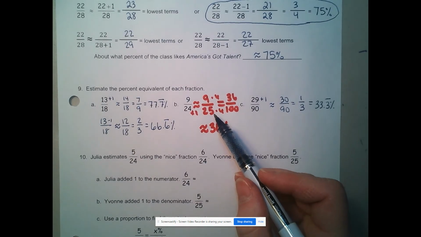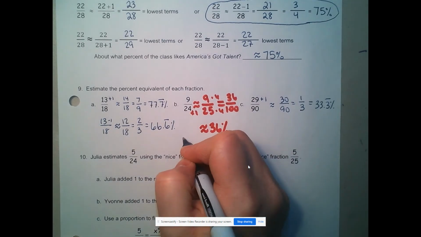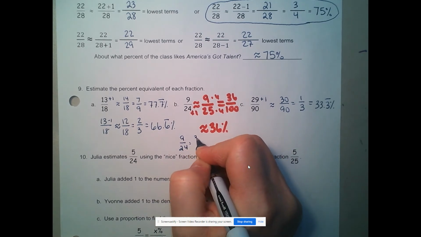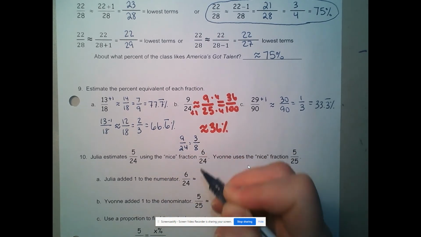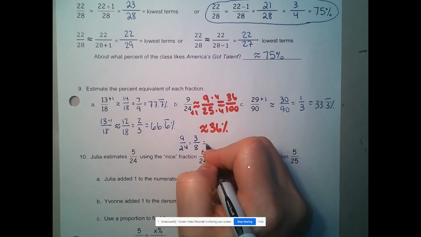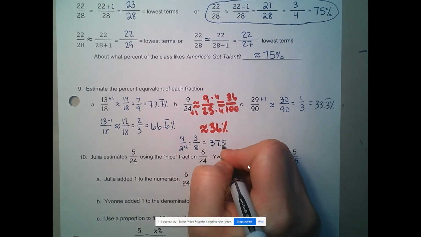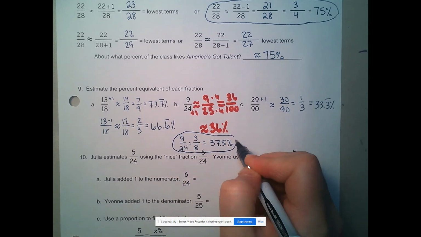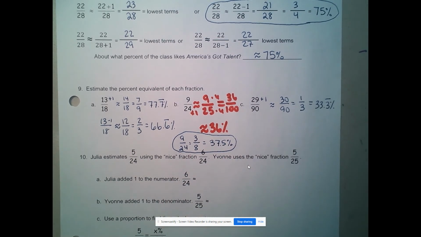If you noticed, just for argument's sake, that 9/24 are both divisible by 3, you could go with 3/8. And if you look at the front, or if you've already memorized it, 3/8 is 37.5%. Not a lot of people notice that one, but that one is actually an exact answer. I did not have to add or subtract because 9/24 could already go to lowest terms.